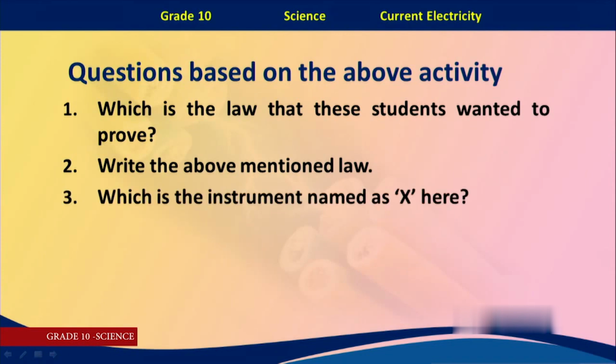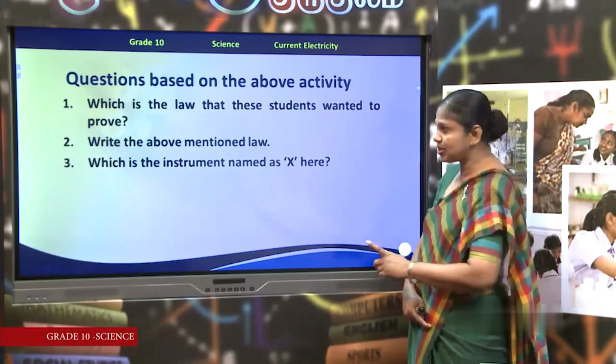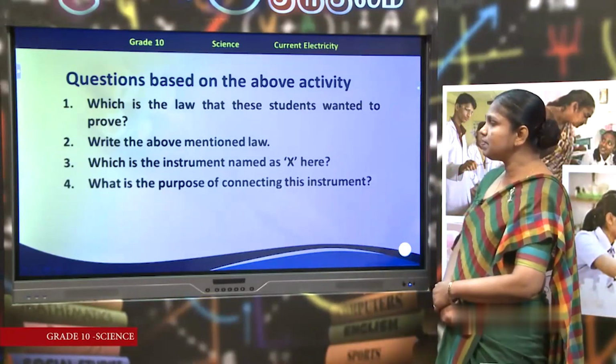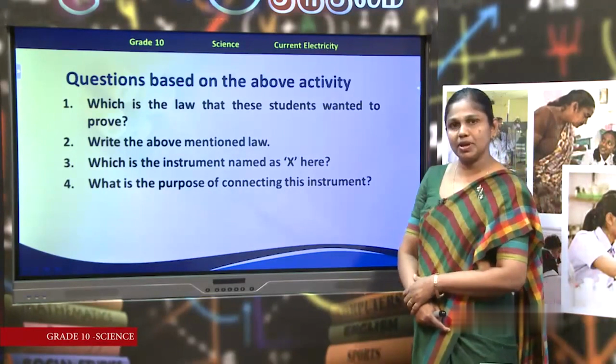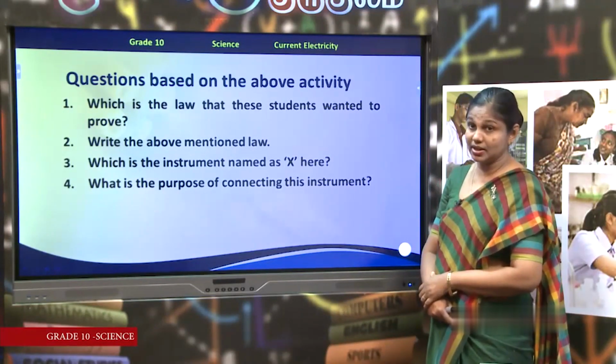Next question. Which is the instrument named as X here? I told you. What is that instrument, children? Rheostat. Next question. What is the purpose of connecting this instrument? To control the current flow through the circuit.